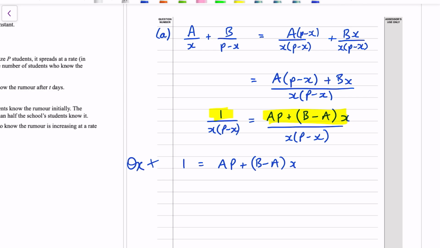My handwriting is terrible. It's like 0x plus 1. So if we had a 0 there, b minus a must equal 0. And then the constant 1 must equal that term there, AP. That's called equating coefficients or comparing coefficients.